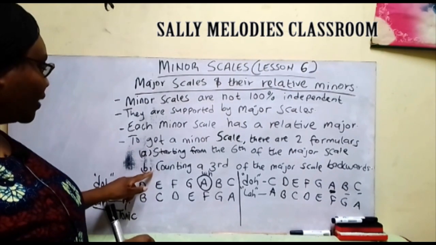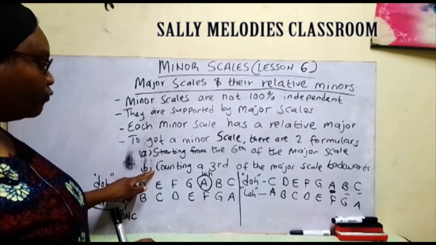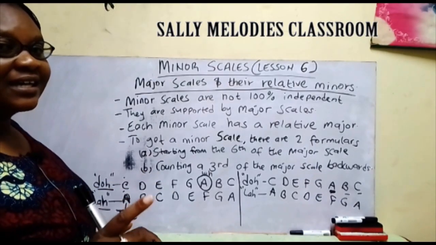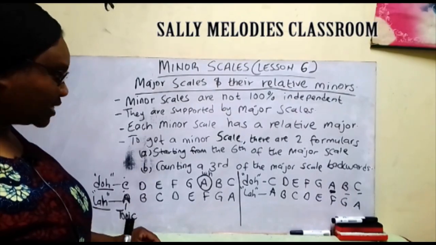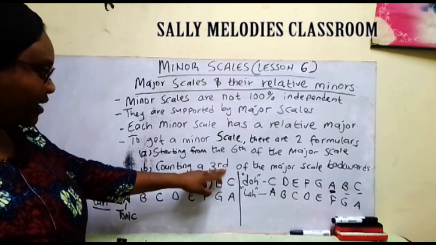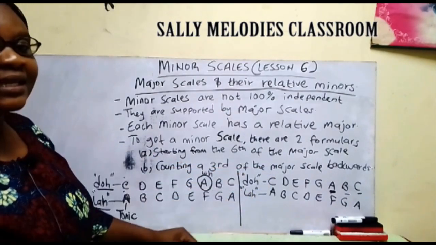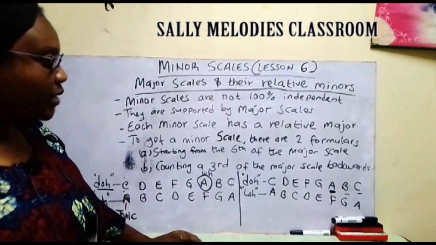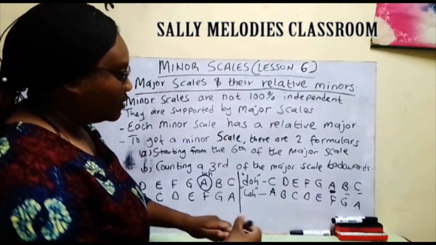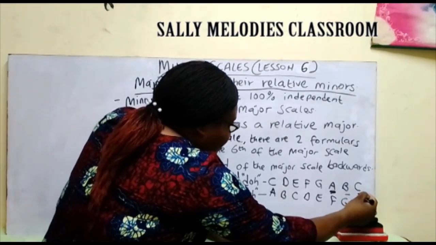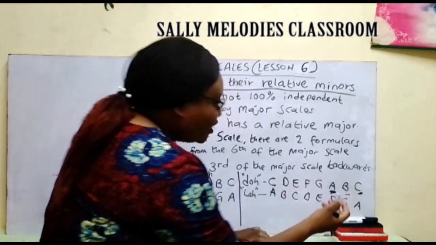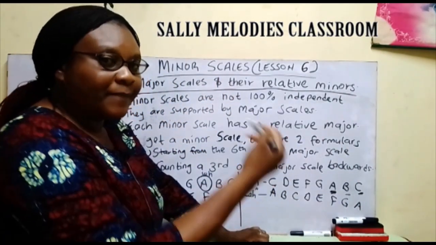There is also another formula of getting the minor scales from the major scales: counting a third of the major scale going backwards. You write your major scale, and then you take this C, and then you count a third backwards.